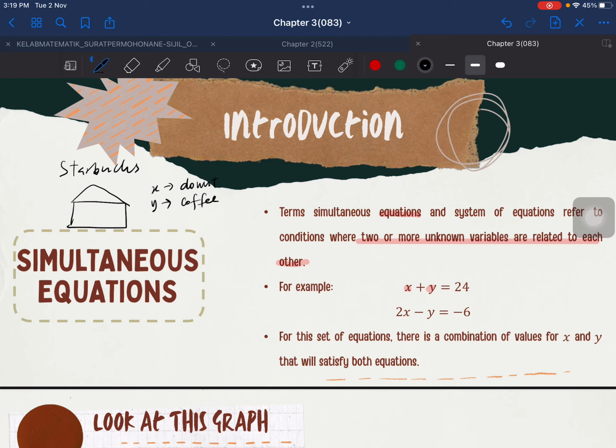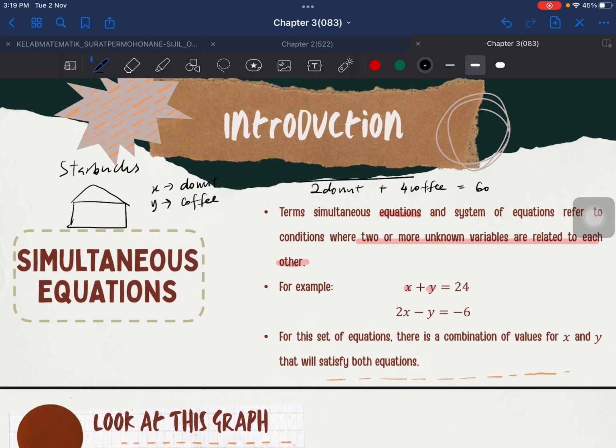And then dia buat promotion, dia kata beli 2 donut, 4 coffee pada harga RM60. Beli 2 donut tambah dengan 4 coffee, harganya adalah RM60.